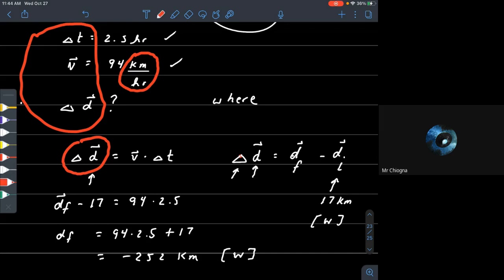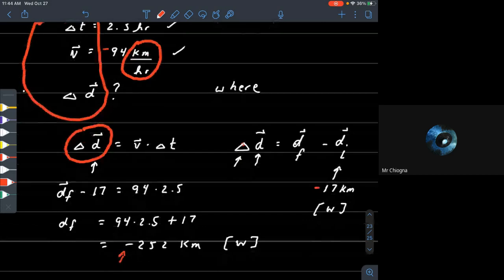I didn't want to do this to confuse you, but if you want to do it strictly correctly, you put it's west, and west is going to be negative. You put a negative there, and it all works out. You'd end up with a negative answer. But that overcomplicates it. In general, if it's going in the same direction, just remember what direction it is in the end. Keep everything positive that way.